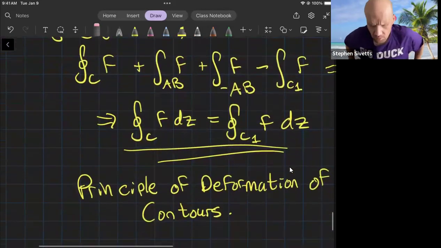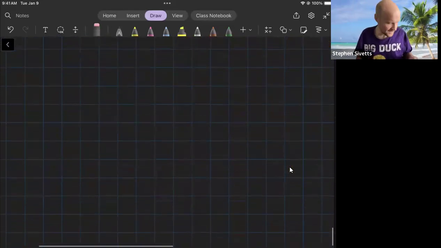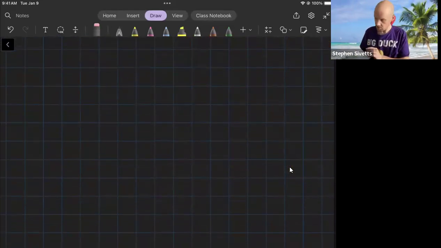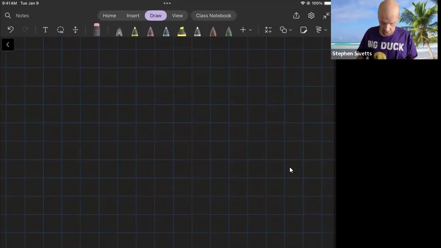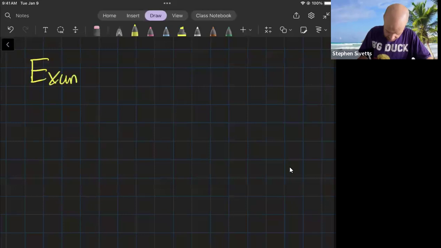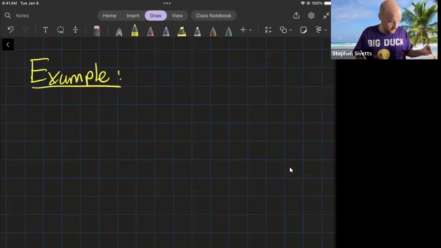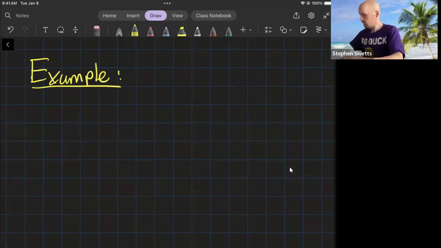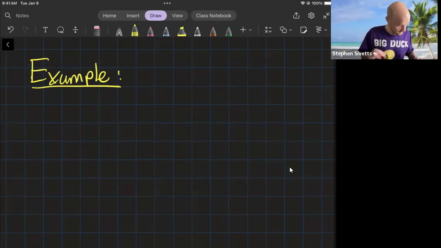Okay, so let's actually look at this property in action. I'll show you with an example. There's the other example that I wrote out. So I'll just write it out.